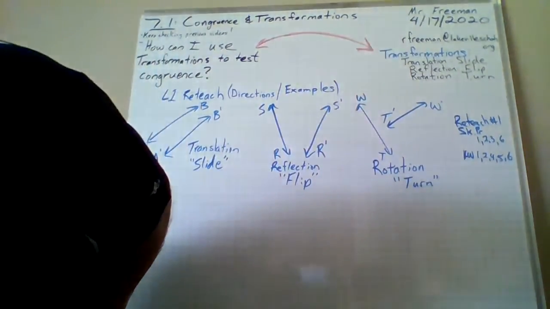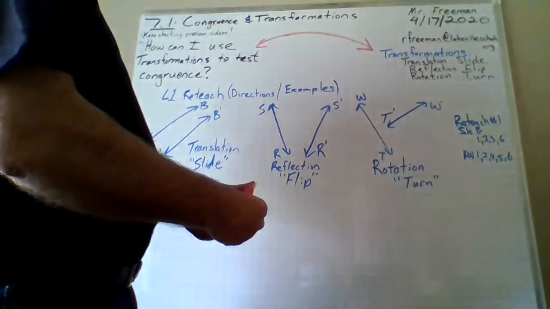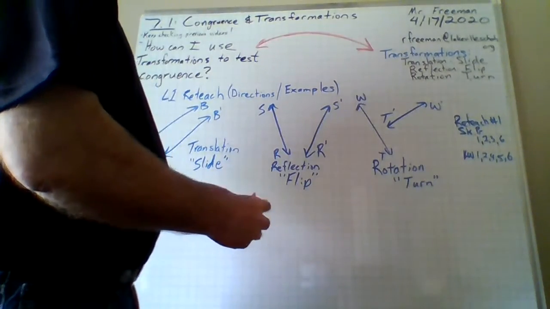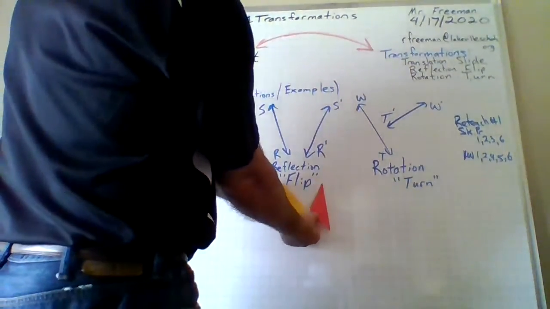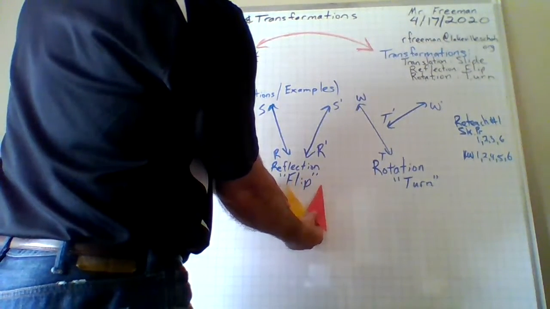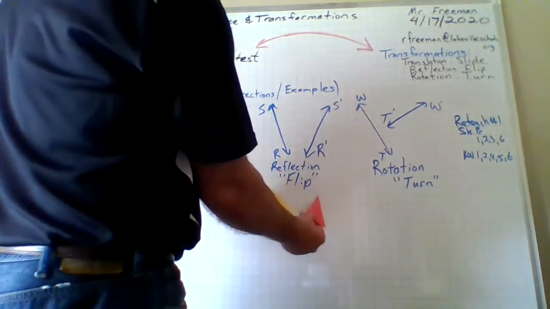Number 3 on skills practice still looks like this. If I took this shape and reflected it over like that, you would get that. So those are congruent because of a reflection.